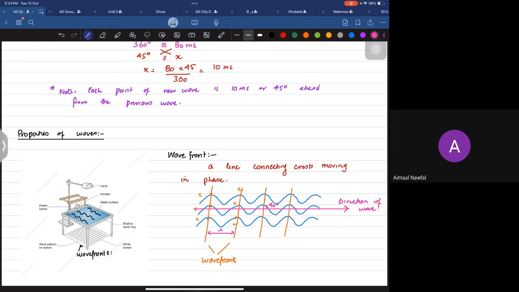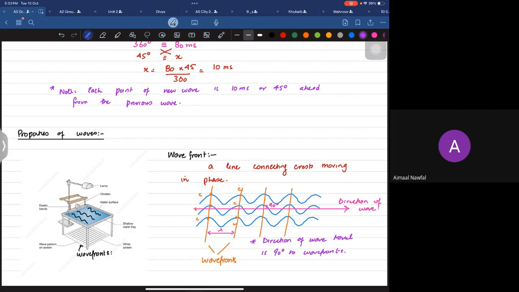Okay. I just want to tell you this important point: direction of wave travel is 90 degrees to wave fronts.